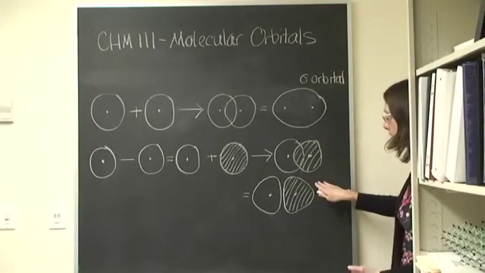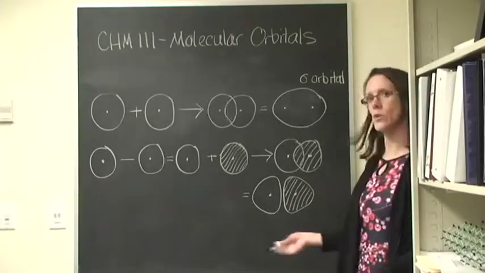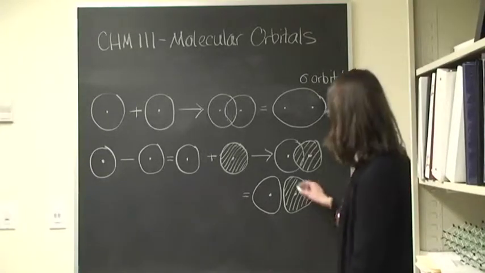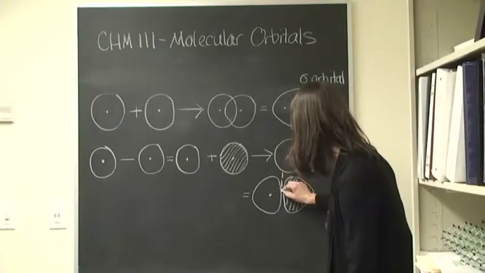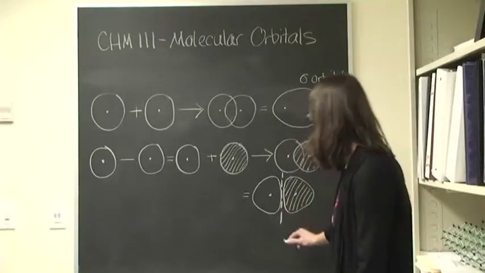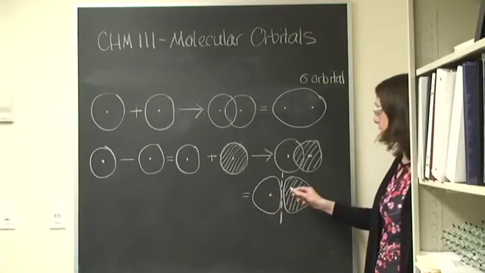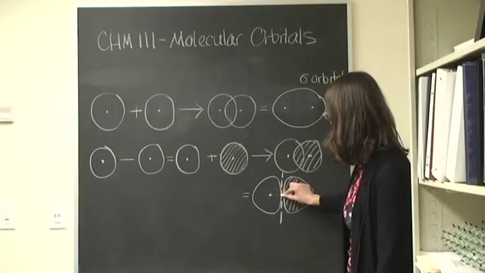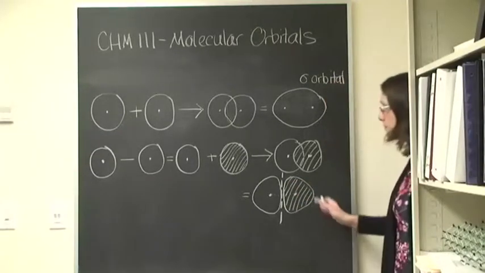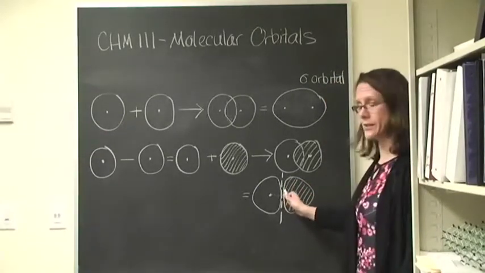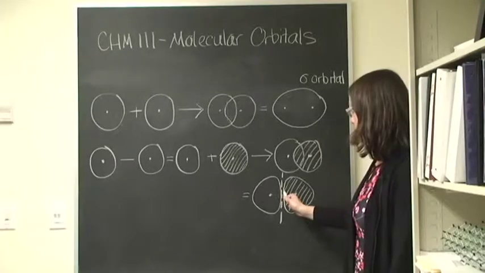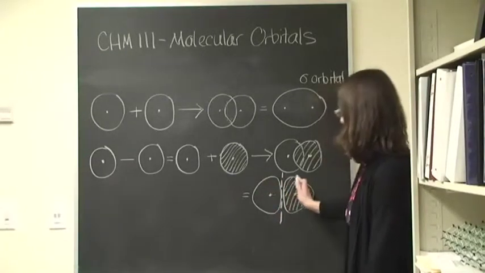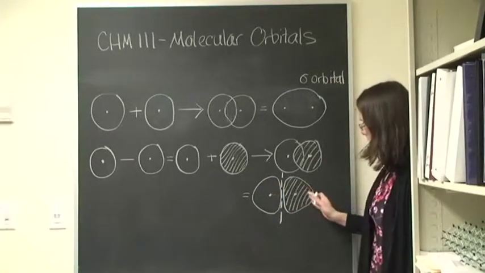Here's the second one. This one has a node in it. I'm going to draw a dashed line where the node is. And this node is perpendicular to the bond axis. That means there's 0 electron density in the middle between these two nuclei, and then there's electron density on either side around the nuclei.